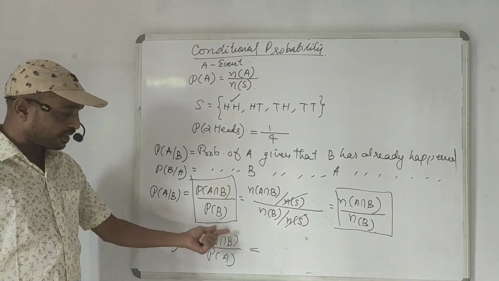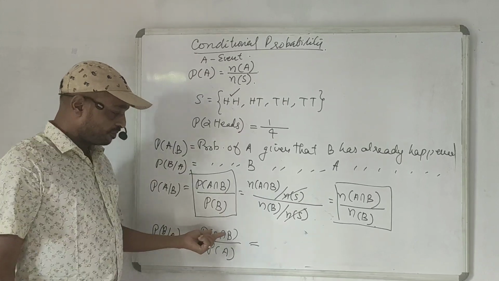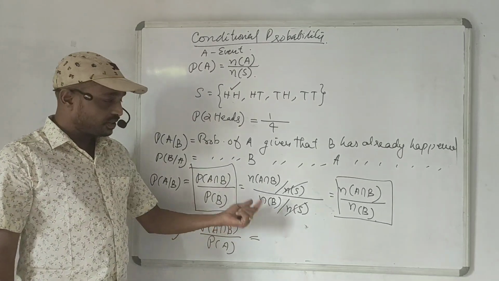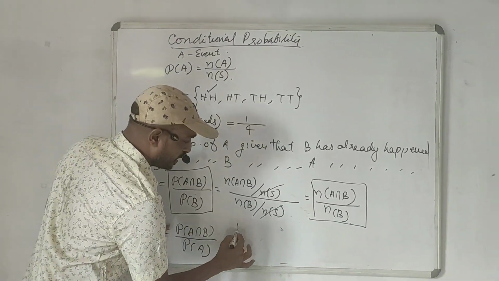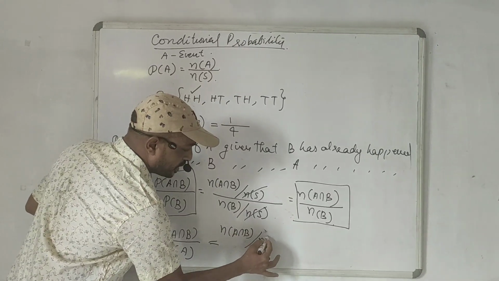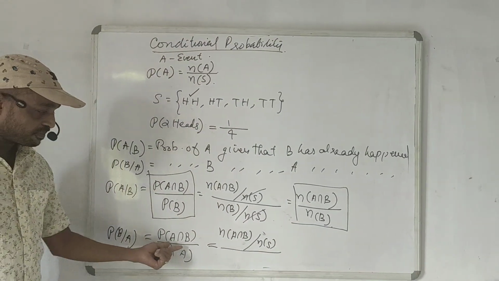So here also, what is P of A intersection B? P of A intersection B is number of cases in A intersection B divided by total number of cases in the sample space. Divided by what is P of A?